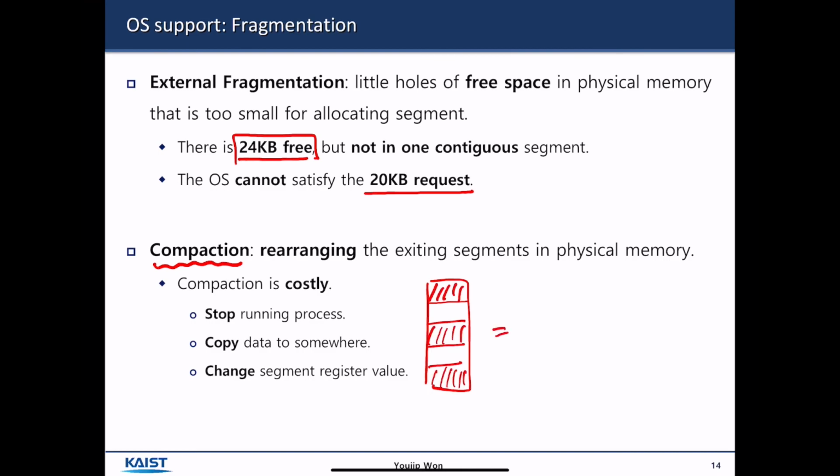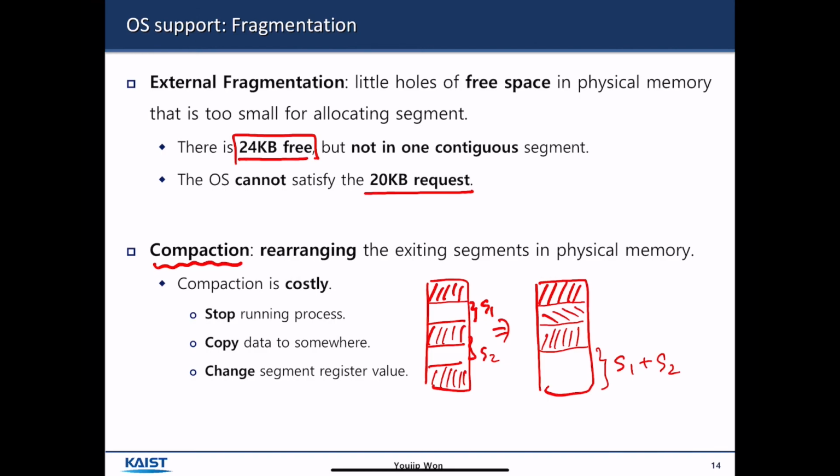In compaction, it moves the existing segments in one direction and makes a big free chunk, like this. So this is free, and this is free, and this size is S1, and this size is S2. After compaction, it creates a free segment of size S1 plus S2. But compaction is costly, and it is barely used. Well, to be honest, it's not used at all.